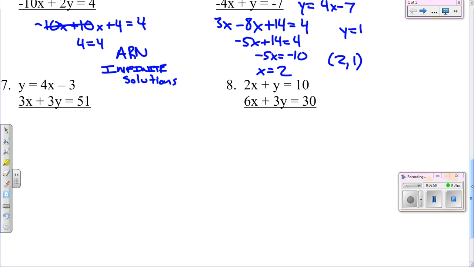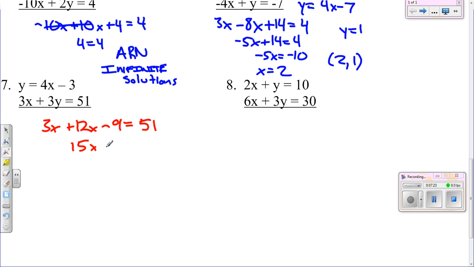Number 7. Plug in 4x minus 3 into the second equation for y. It's going to give us 3x plus 3 times 4x, which is 12x. And then 3 times negative 3, which is negative 9, equals 51.